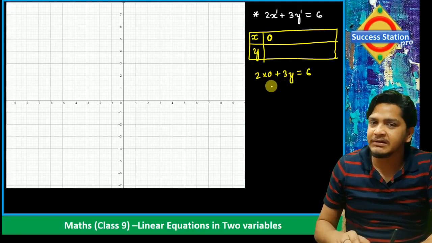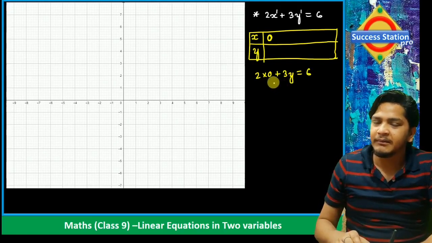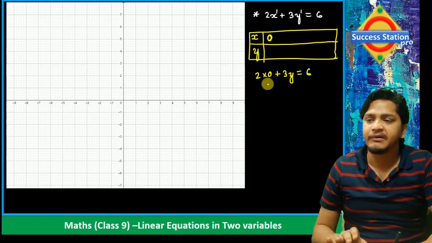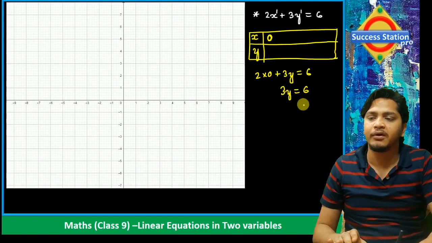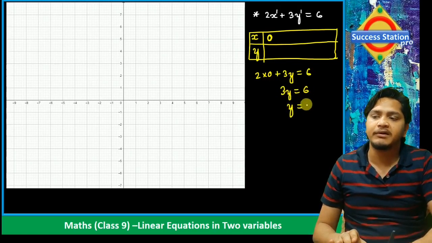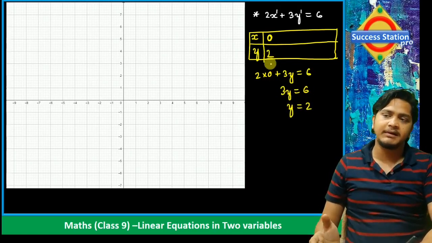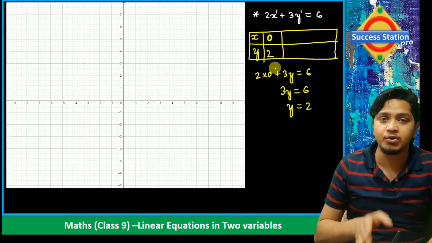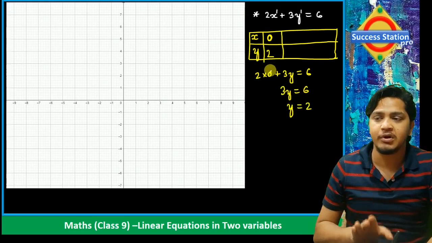What does this do? It made the 2x variable escape, right? So we are left with only one variable now because out of two variables, one variable has gone and we can easily find out the value, right? So we got one solution, that is 0, 2, the ordered pair x, y.